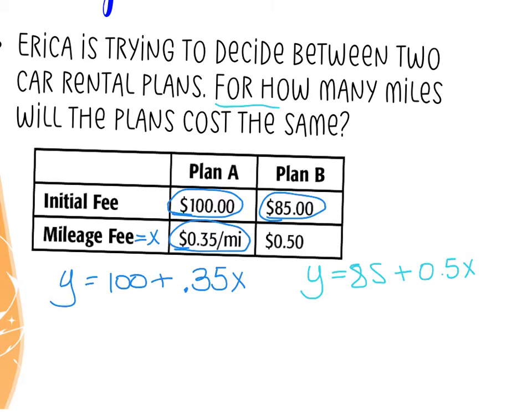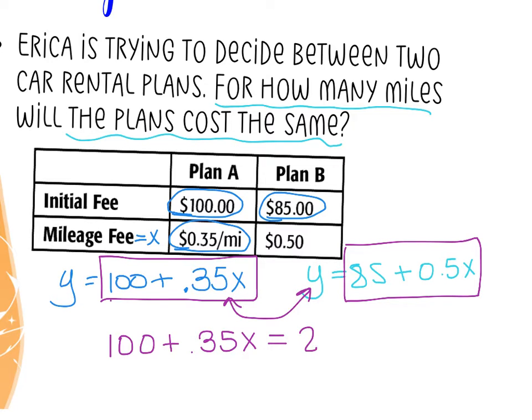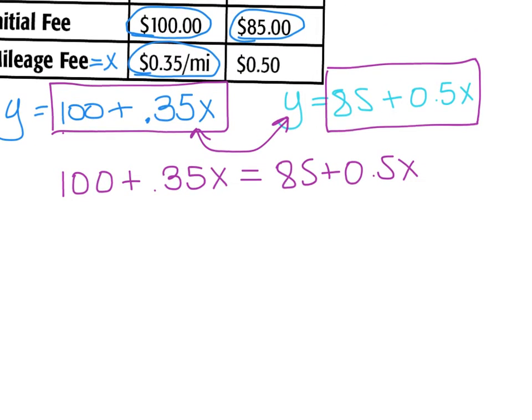So the question is, for how many miles will these plans cost the same? So I want to know when these two are equal. So I can say that 100 plus 0.35x needs to equal 85 plus 0.5x. So I'm going to set those equal to each other, and then solve this for x.